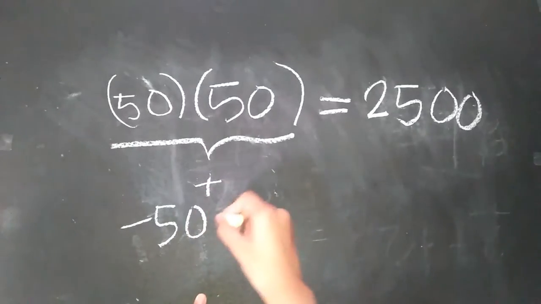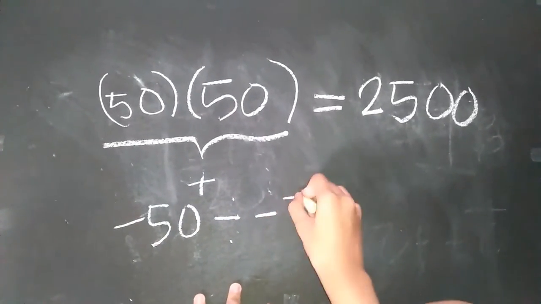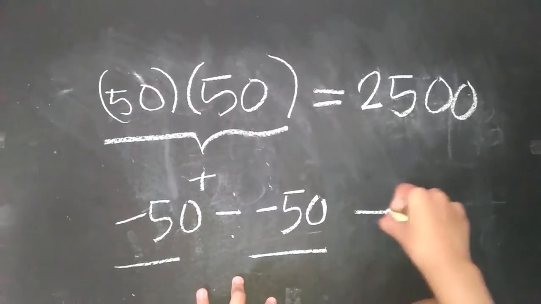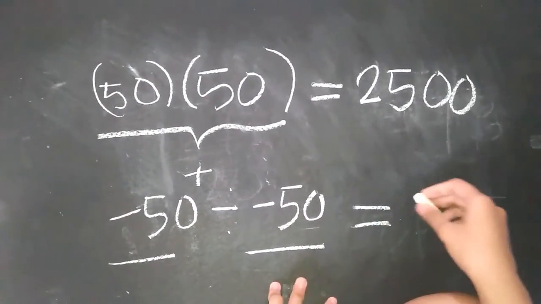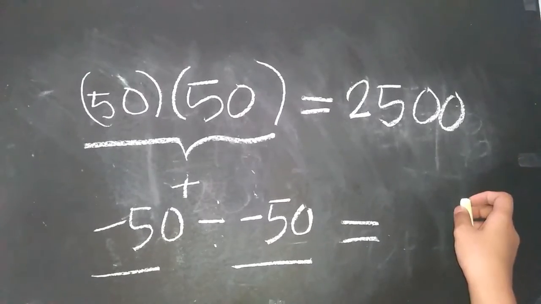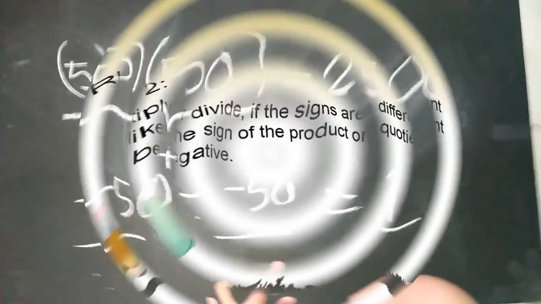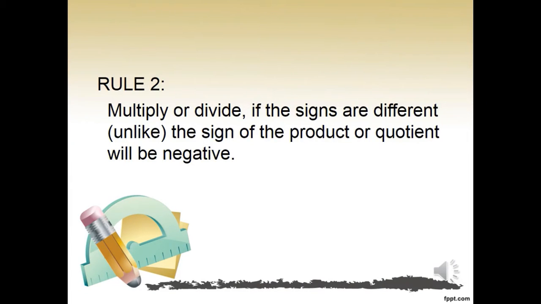Another: -50 divided by -50. They have the same sign, so the sign of the answer is positive. -50 divided by -50 equals +1. Then for rule number 2, when we multiply or divide integers with different signs, the sign of the answer, the product or the quotient, will always be negative.